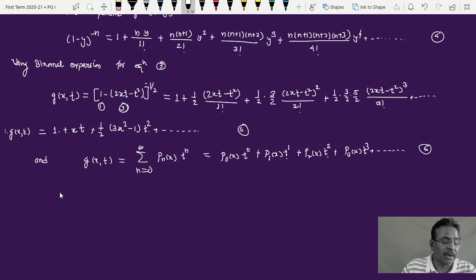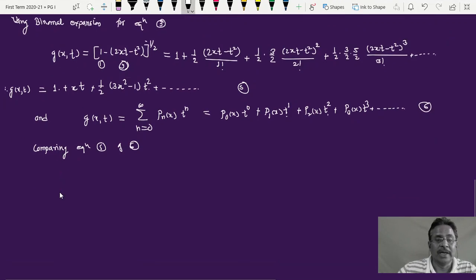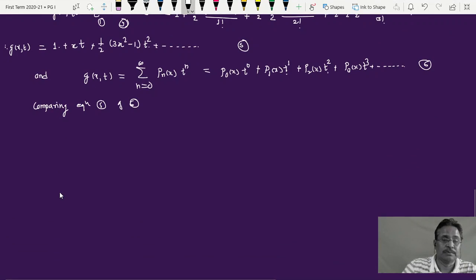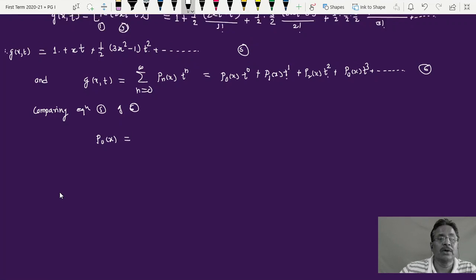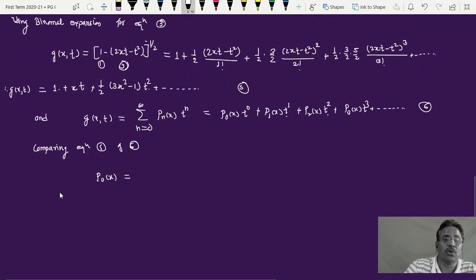That means comparing equations 5 and 6. Compare these two and you will get something very special. That is, p0x is simply equal to, see the coefficient of t0, it is going to be 1, so p0x is 1.